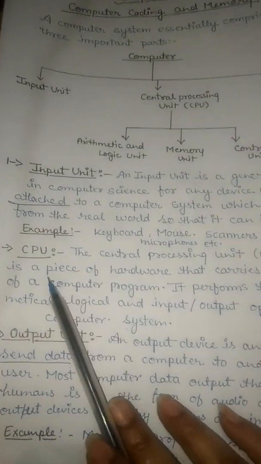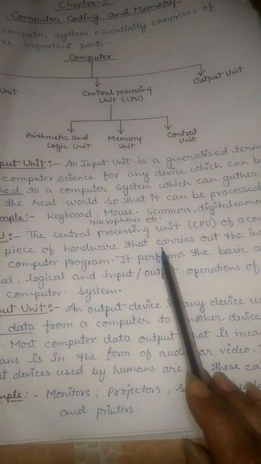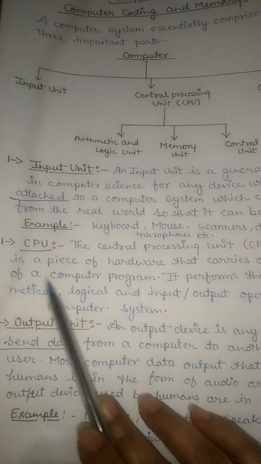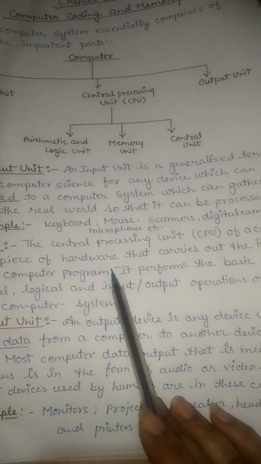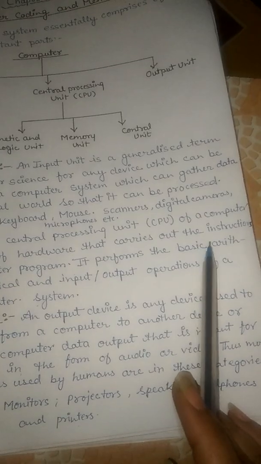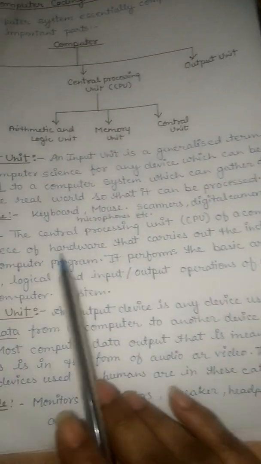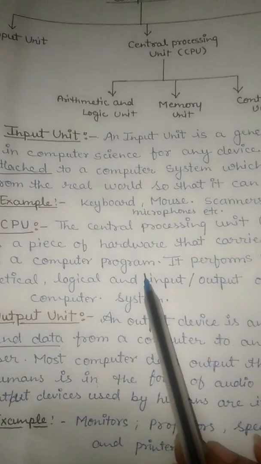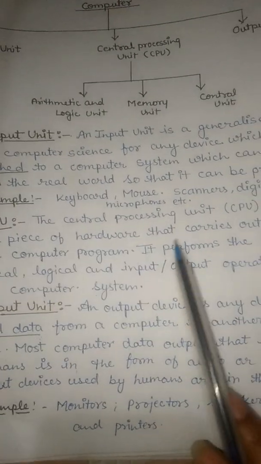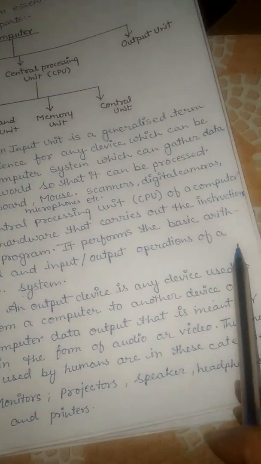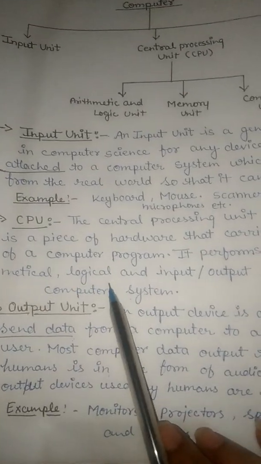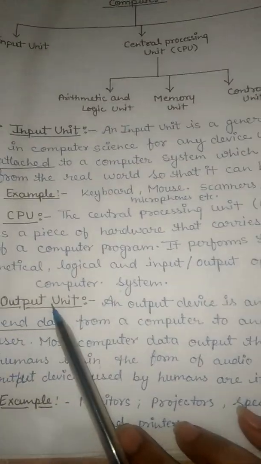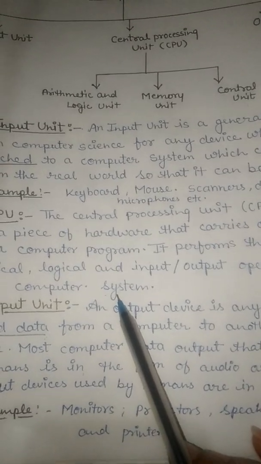Now, the second thing is the central processing unit, in short form CPU. The CPU of a computer is the piece of hardware that carries out the instructions of the computer program. It performs the basic arithmetic, logical and input-output operations of a computer system.